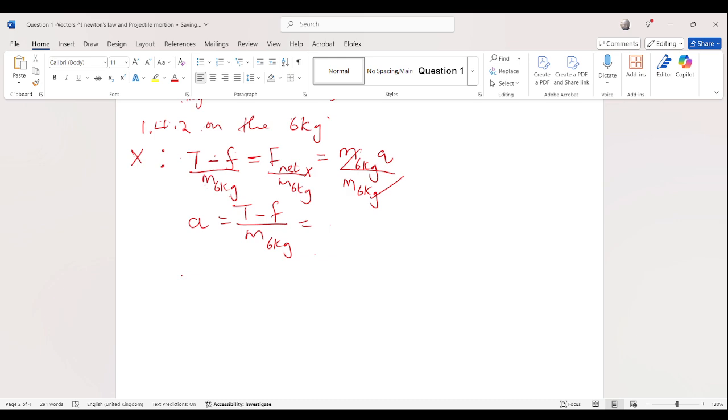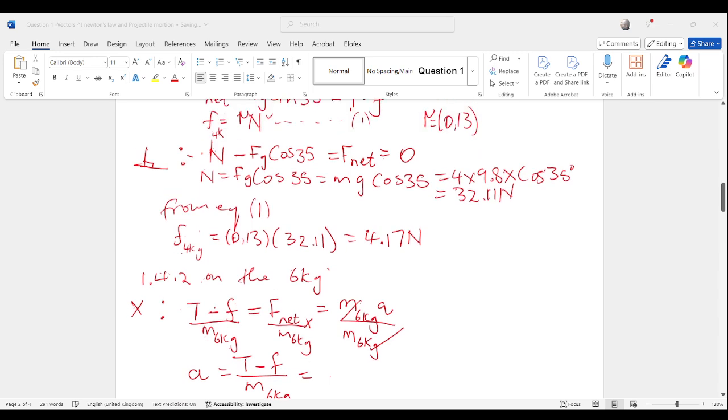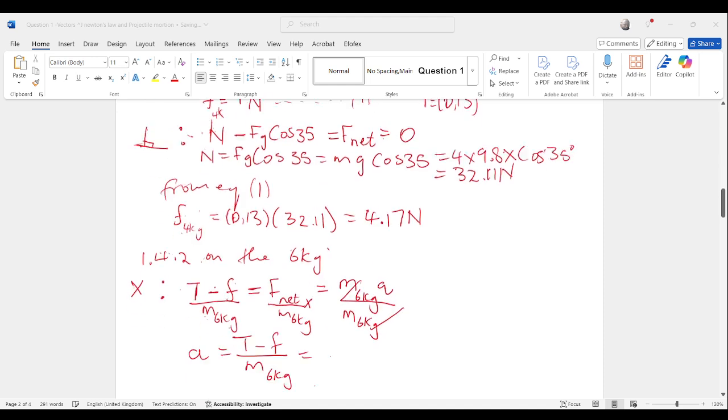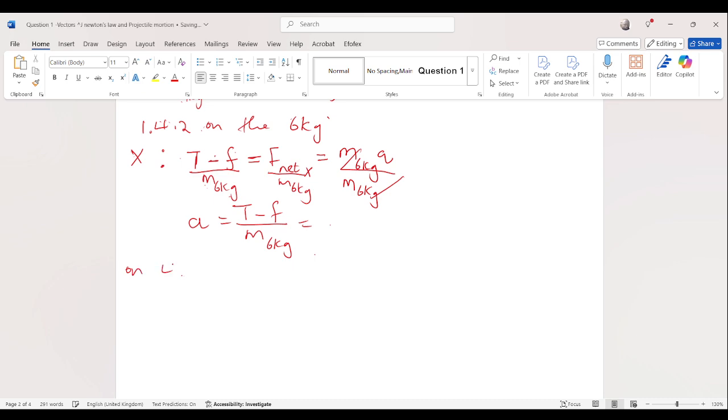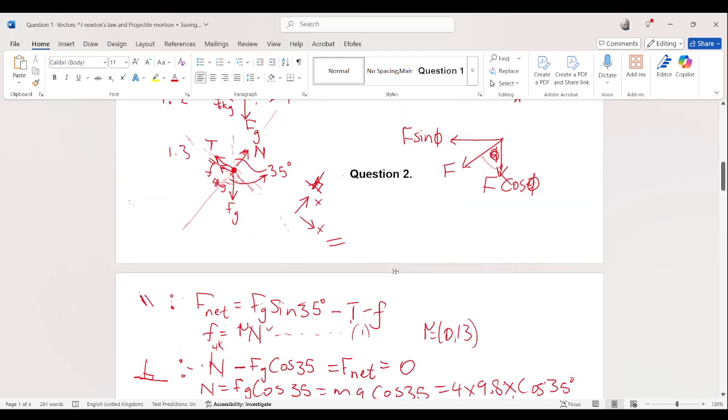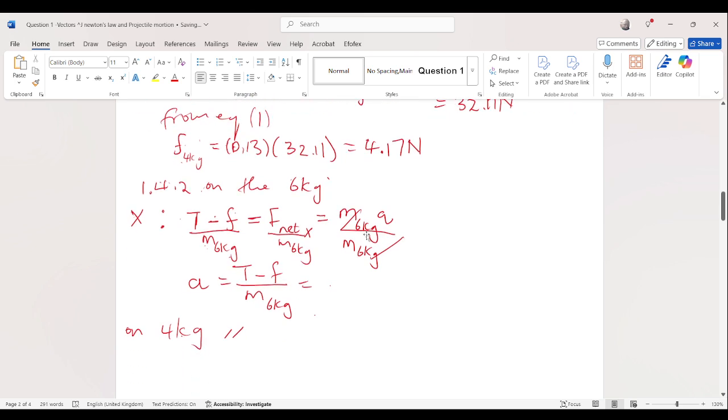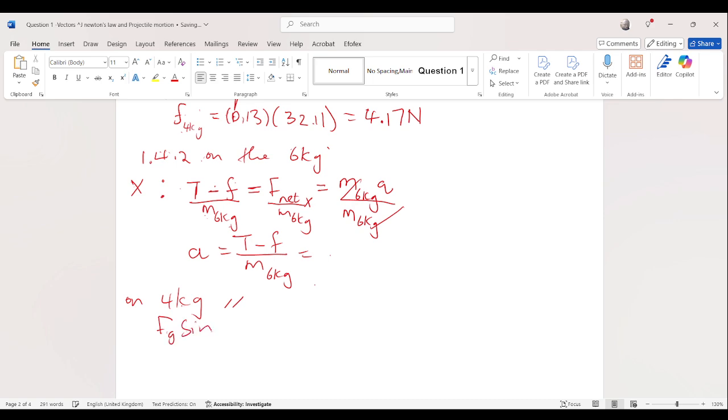So we all know that on the 4 kg, if we resolve forces in the parallel direction, we have FG sine of 35, which is the parallel component of force of gravity, minus tension minus friction on 4 kg.